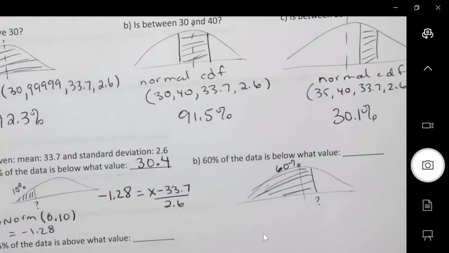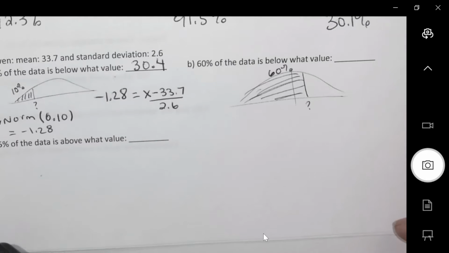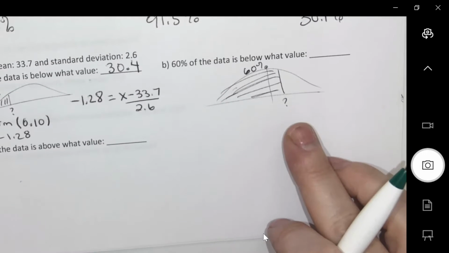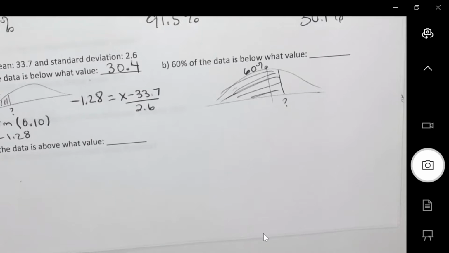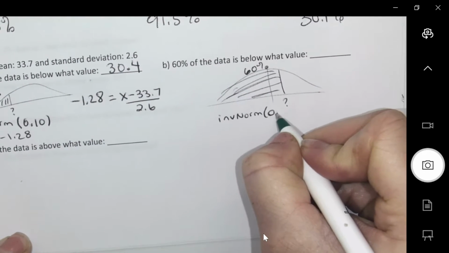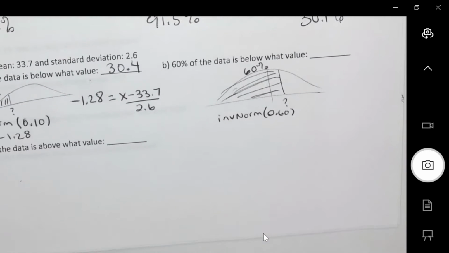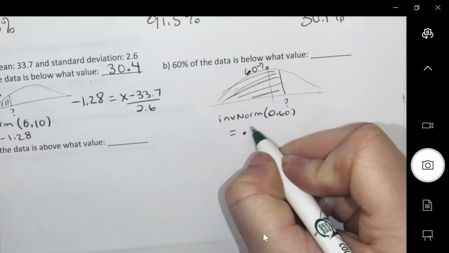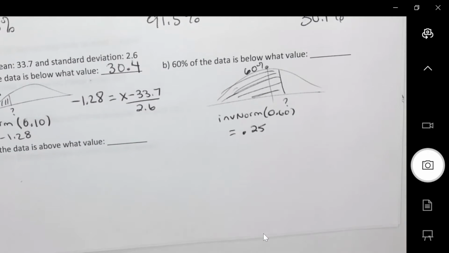Okay, next, 60% of the data is below, so this is where I would be. I can already tell you my Z score is positive. Does that make sense to you? Okay, so inverse norm 0.6. I'm getting a Z of 0.25. That's the calculator telling me the Z score.